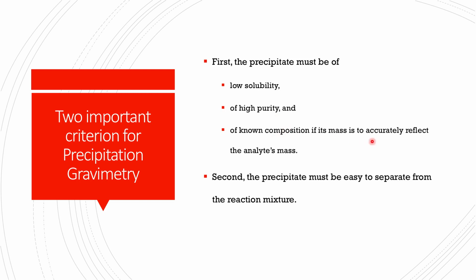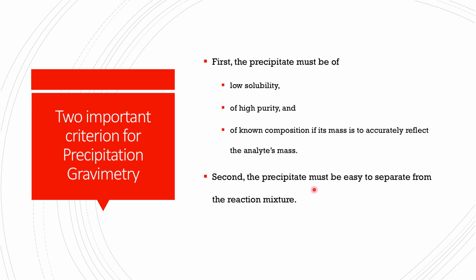Finally, you should be aware of the composition of the precipitate, because you should know exactly what your precipitate is made up of. That means you should know the exact chemical composition of your precipitate. Only then can you back calculate the analyte mass accurately. So you should be pretty careful about these physical and chemical aspects of the precipitate in precipitation gravimetry.